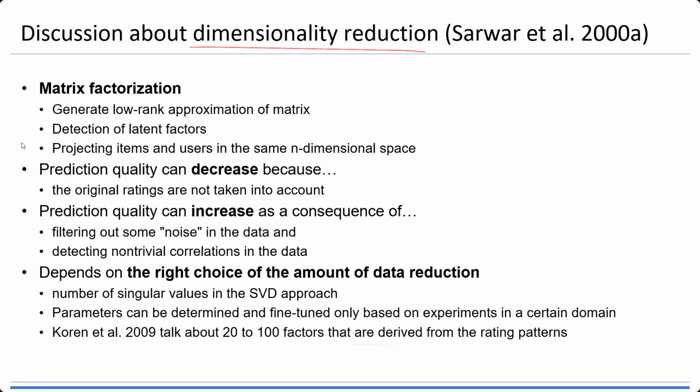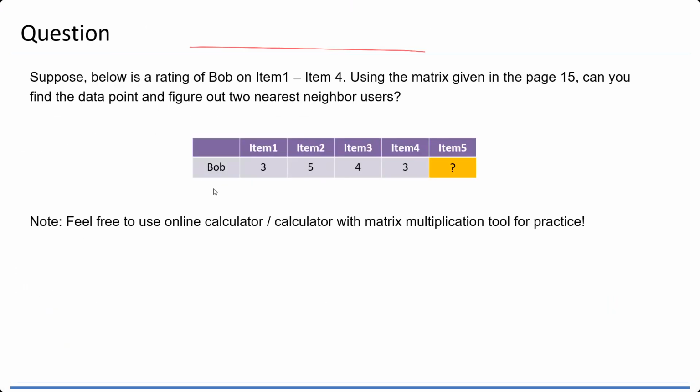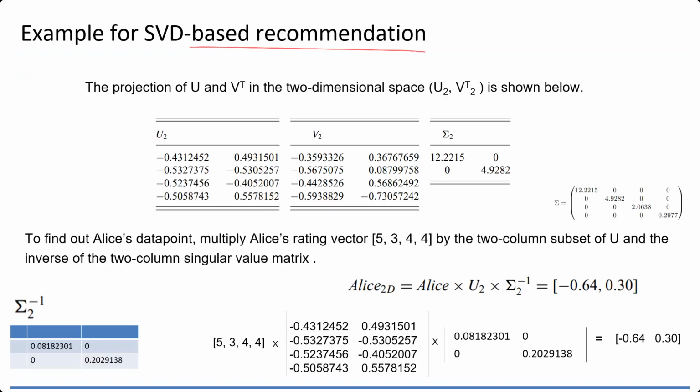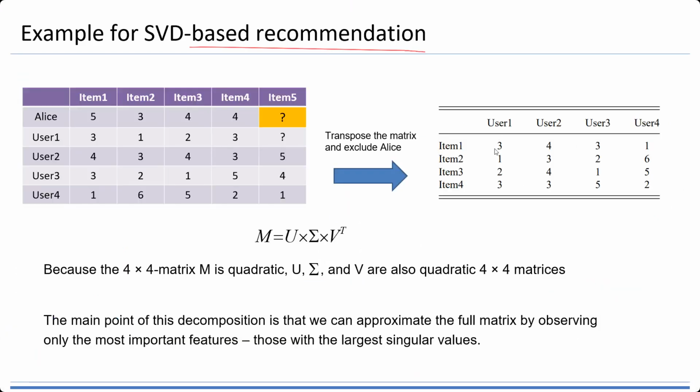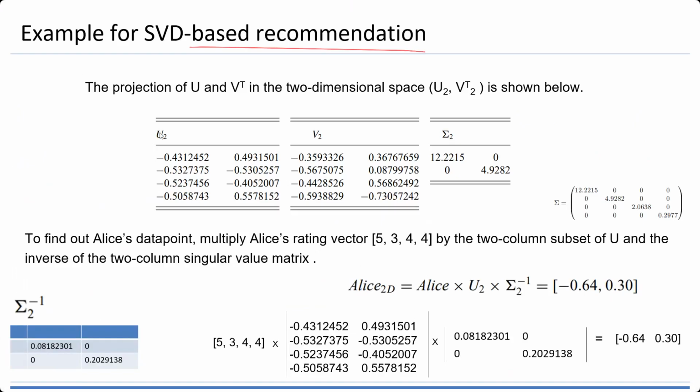As you know, at the first time, when we do the matrix factorization with SVD, we have 4 multiplied by 4, and then we select only the two-dimensional space. So how to select these two?